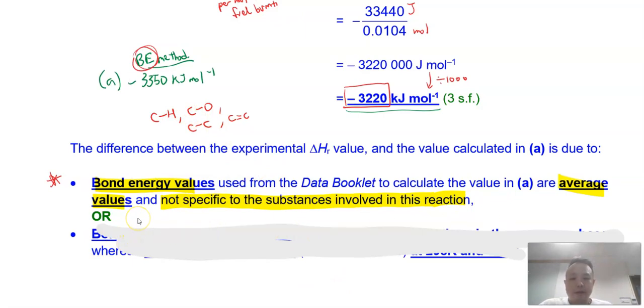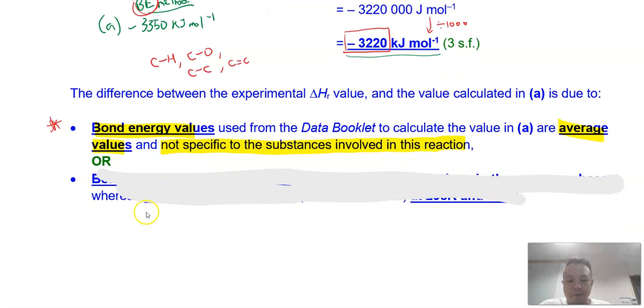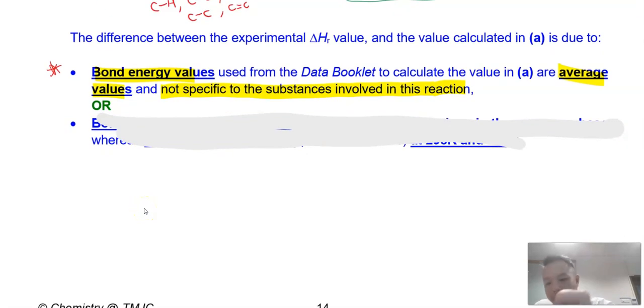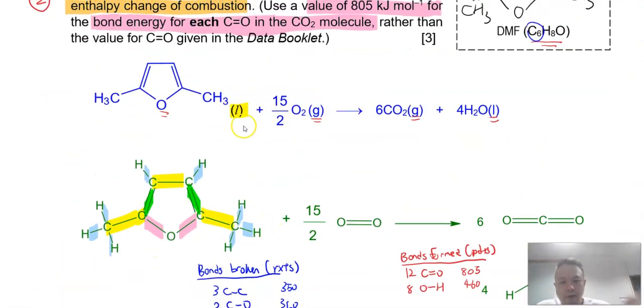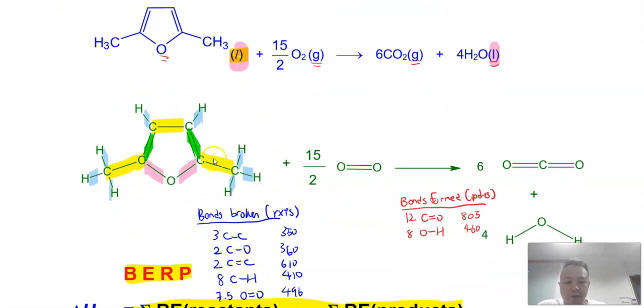Second, we go back to the definition of bond energy. Bond energy requires everything to be in the gaseous state. If you take a look at the reaction of DMF and water that we looked at just now, it was actually liquid. But when we use the bond energy, we're treating this entire DMF molecule and the water as though they are gaseous.